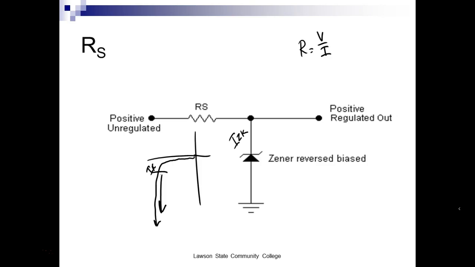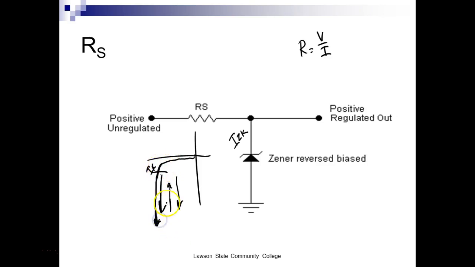Now what are we going to use for current? Well, my load current varies in the opposite direction. If my load current goes up, Zener current goes down. If my load current goes down, Zener current goes up. So what are we going to use for our current? We're looking at IZ, my reverse current right here.